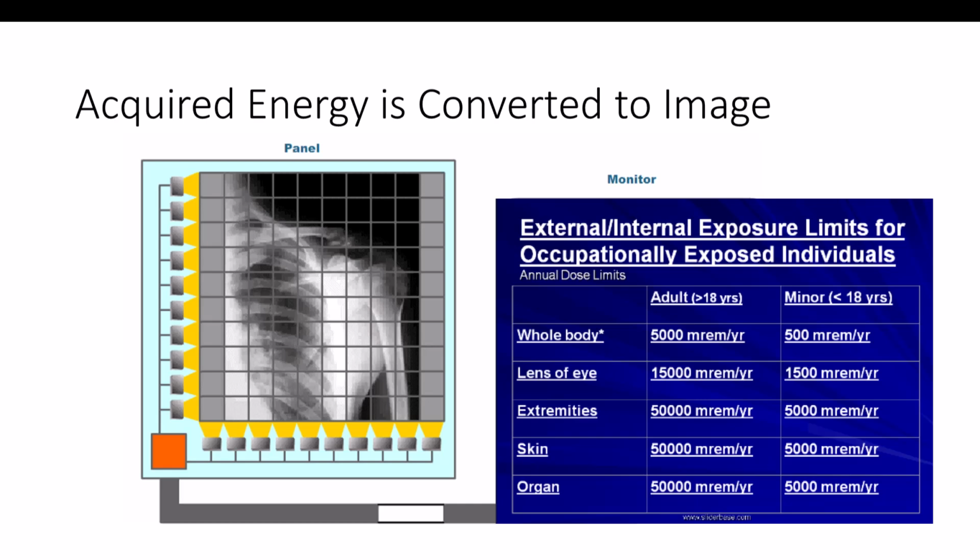Skin and extremities. The annual shallow dose equivalent limit for the skin of the whole body or any extremity is 50 rems, 0.5 sieverts. Dose limits for minors. The annual occupational dose limits for minors are 10% of the annual dose limits specified for adult workers. Pregnant workers.